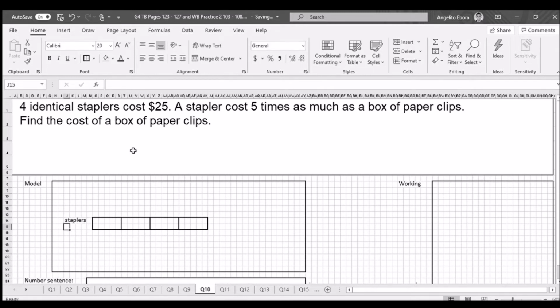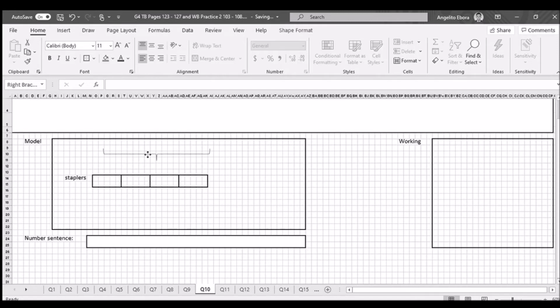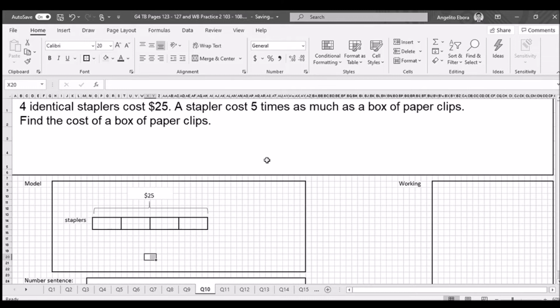So the total is $25. Okay, and then a stapler costs, so one stapler, so 1, 2, 3, 4, right?